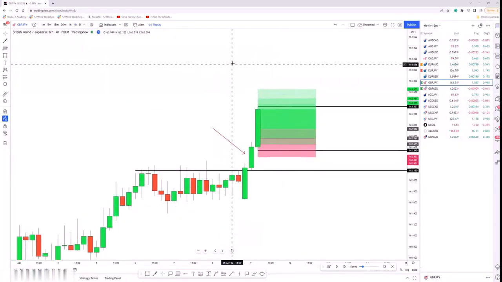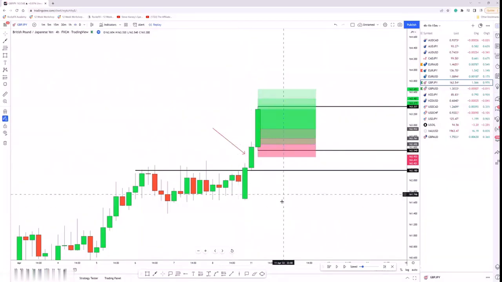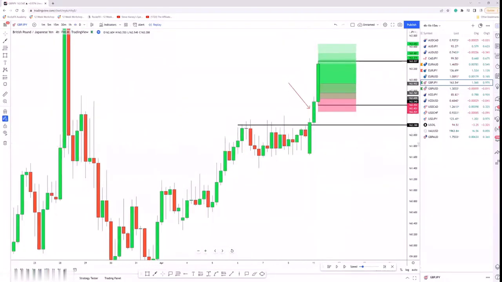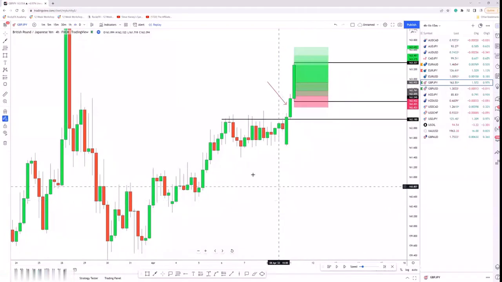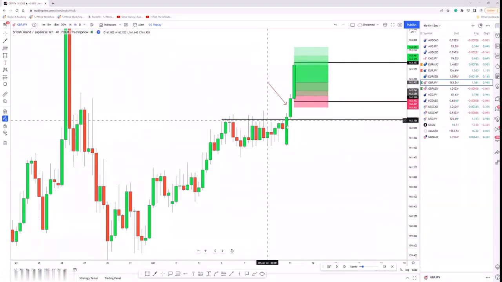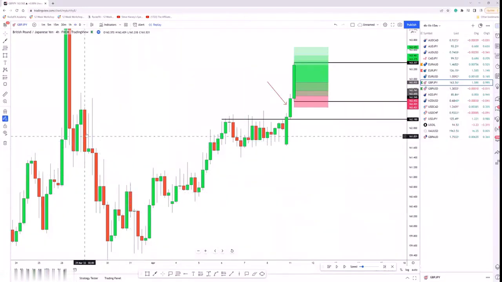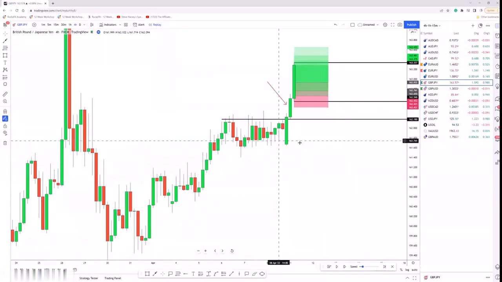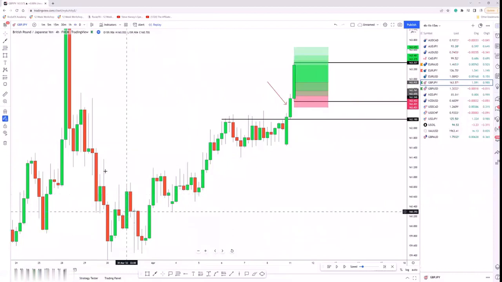Okay. Now, this is the point. Guys, look at the charts. These are all 4 hour candles. How many candles close bearish and how many close bullish on a daily basis?